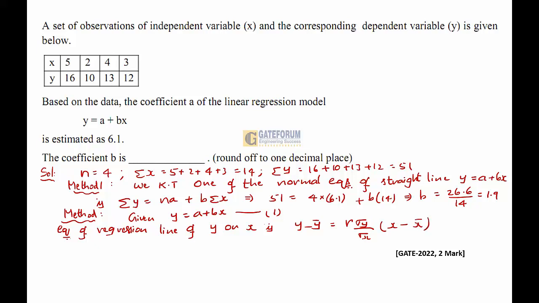Okay. So just express this line equation into the equation 1 form, keeping y only on the left side, remaining terms shifted to the right side.